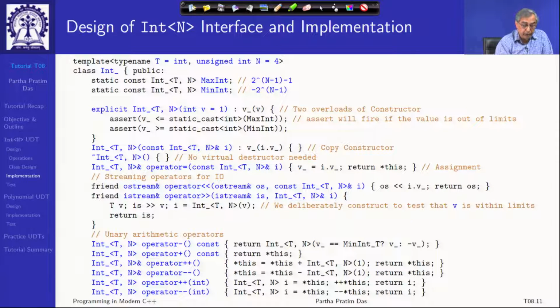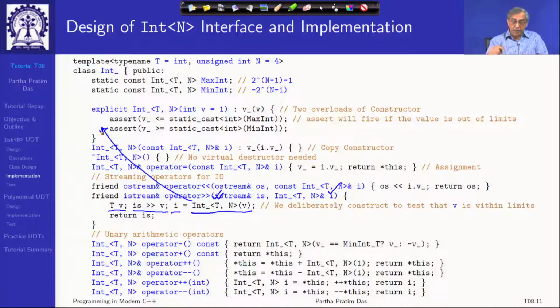Just see what I am doing. I have declared a temporary variable v, and I have read the input value in v, and I have tried to construct an int object, and then that constructed object I have assigned to the given parameter I. The reason for that is this construction process will naturally lead to the assertions being checked.